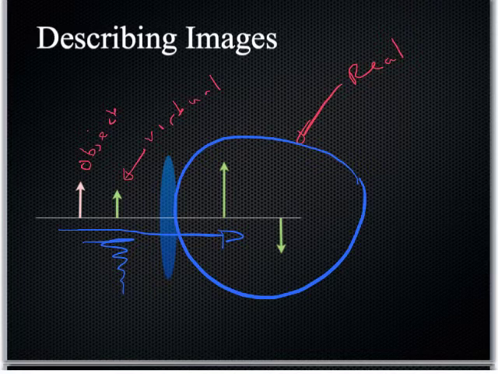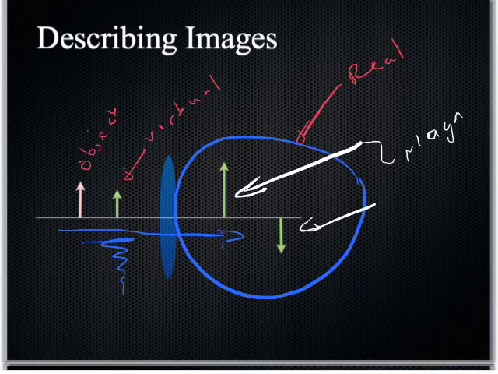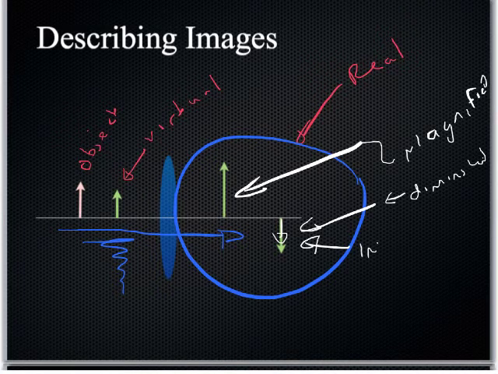What we also have is magnification. This one here is magnified. This one is diminished, or is actually the same size. Let's just say it was smaller, we'll say it's diminished. And this one is also inverted.